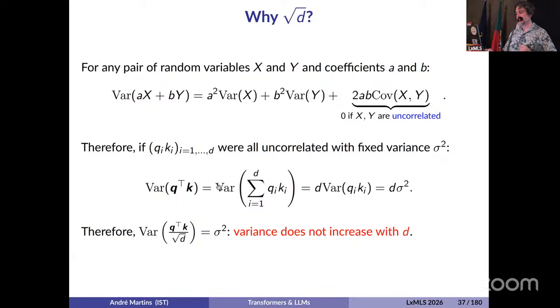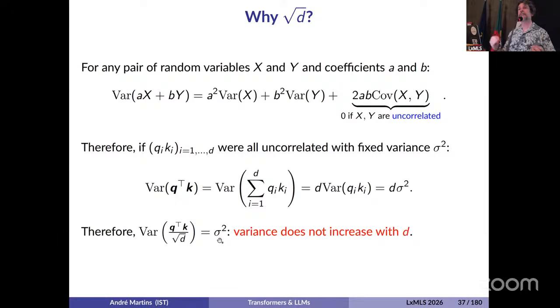So in that case, the variance of Q transpose K can be written as the variance of this expression. And by using this formula, this becomes d times the variance of an individual product. And because we posited that this variance is sigma squared, this becomes d times sigma squared. And now using this expression, this means that if we compute the variance of this divided by the square root of d, the total variance is going to be sigma squared.